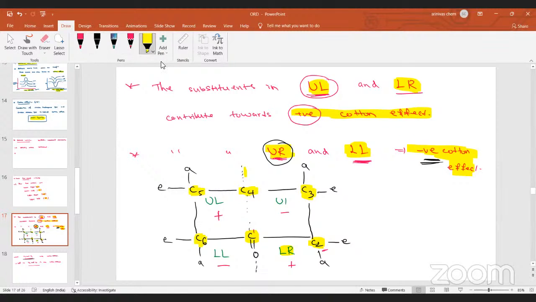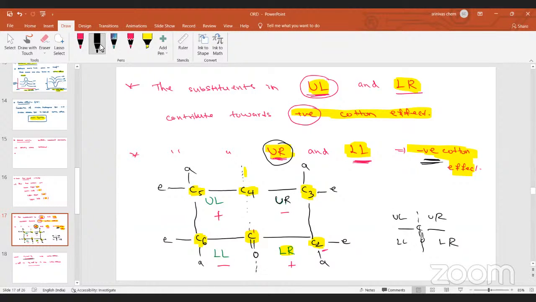From this view, this is upper right, this is upper left, left and right side of the carbonyl group, and the upside. C5 is upper left, and C6 is on the lower side. So C6 is lower left and C2 is lower right.